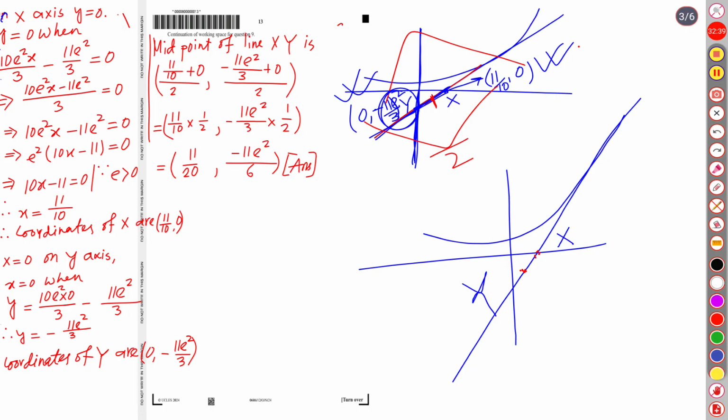If y is 0, then our x is this. This is the x coordinate. So we have got the x coordinates as well as the y coordinates of this point. Let me show it for this point as well as this point. Then we have found the midpoint. Midpoint means just adding up both the points and dividing by 2.